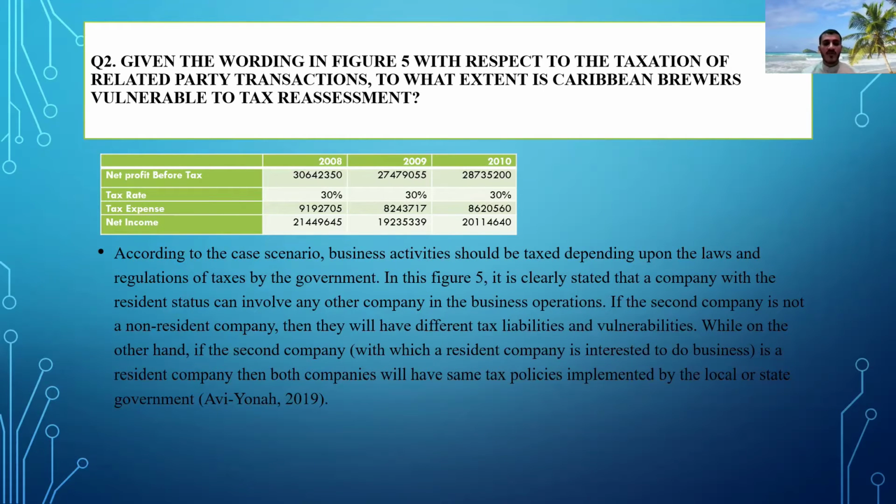Following figure 5, the non-resident company is generating a lower profit than a resident company. Moreover, the resident company is expected to generate at least the estimated level of profit from the fiscal year's sales.